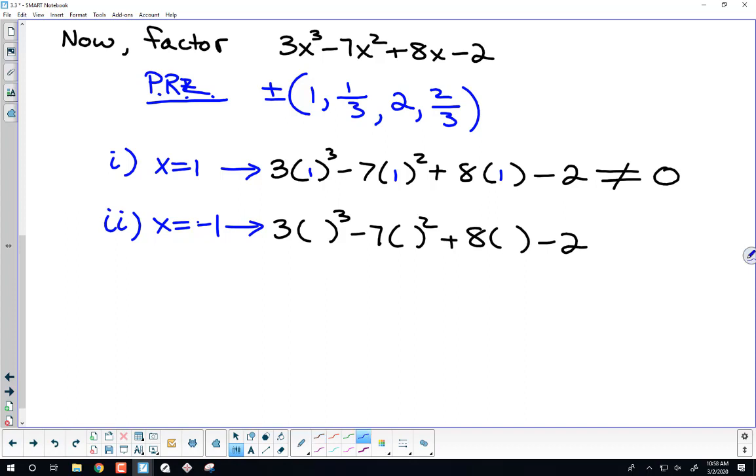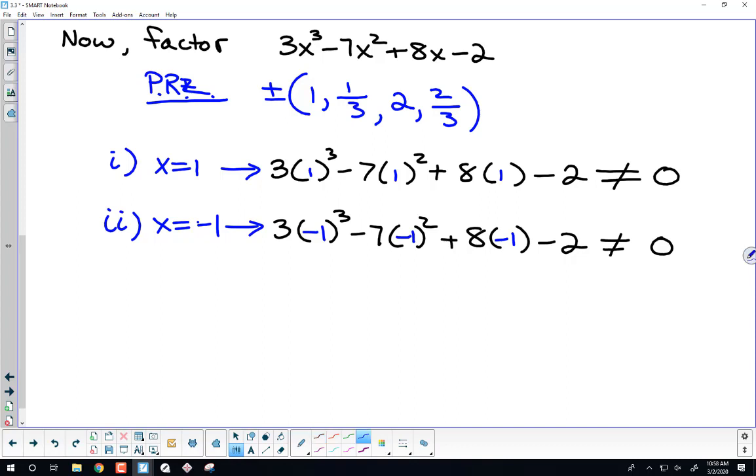At this point, like we said, we're just looking for something in here that gives us 0 in return. This is not 0 either. I didn't actually compute the value, I just know it's not 0. Okay, so far no success.